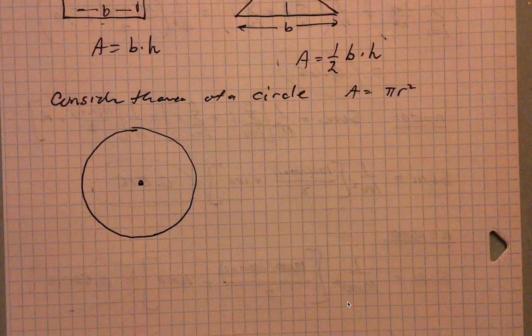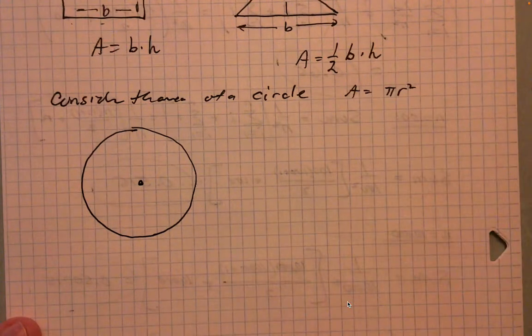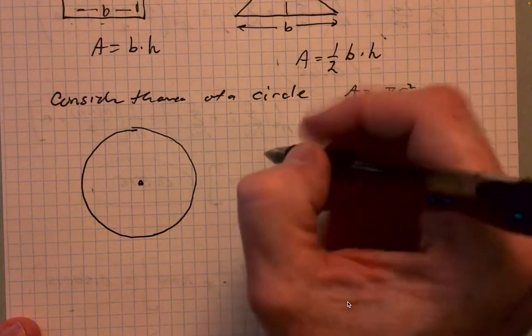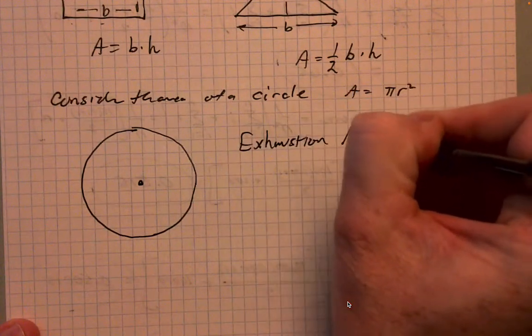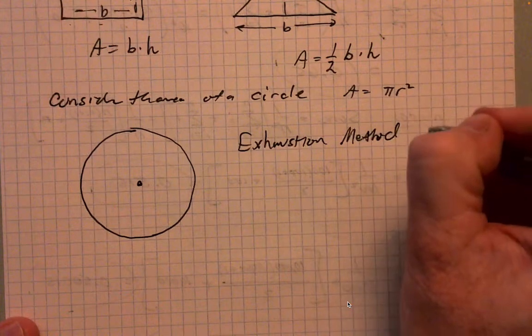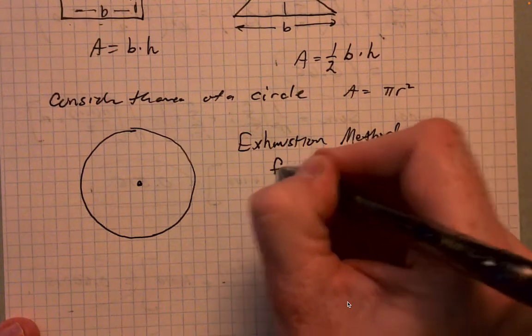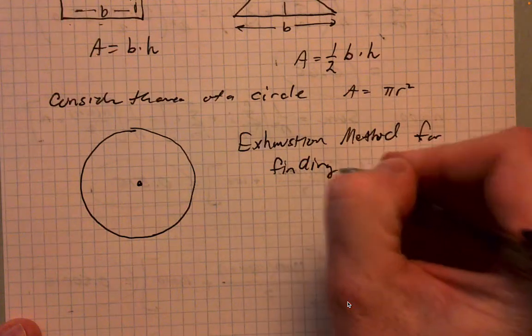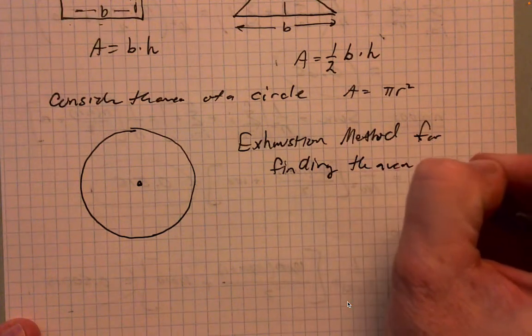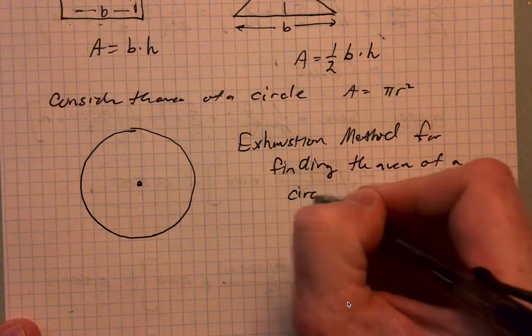There's a method for finding the area, and the method is called the exhaustion method, the exhaustion method for finding the area of a circular region.